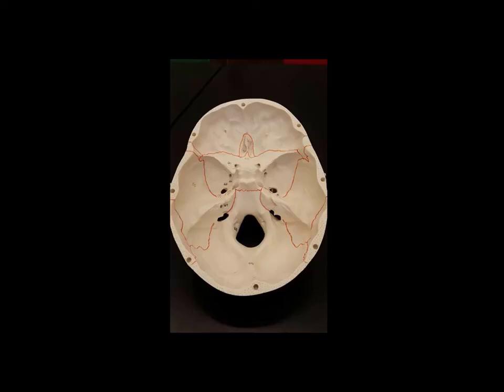This is that internal opening for where your auditory nerves come in. These have multiple names: internal auditory meatus, internal auditory canal, internal acoustic meatus, internal acoustic canal. Those all four mean the same thing, and they are these openings right here.